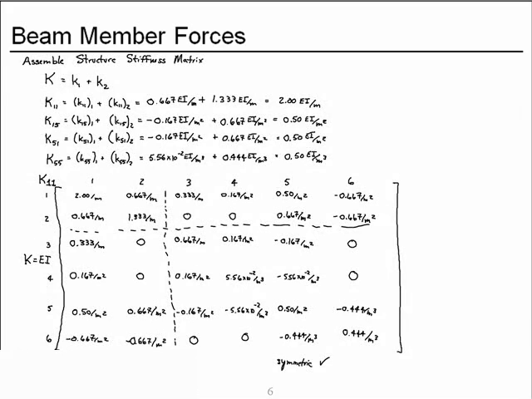We then partitioned the matrix after we confirmed it was symmetric as a quick check against math errors, and we identified the chunk K11, which is the coefficients associated with forces at unconstrained degrees of freedom due to deformations at unconstrained degrees of freedom.